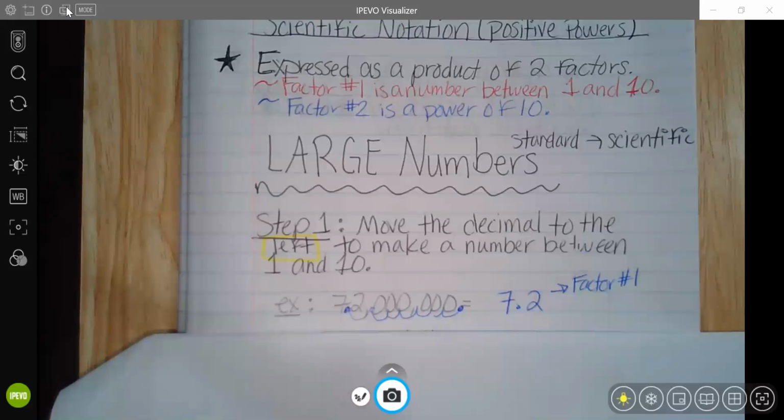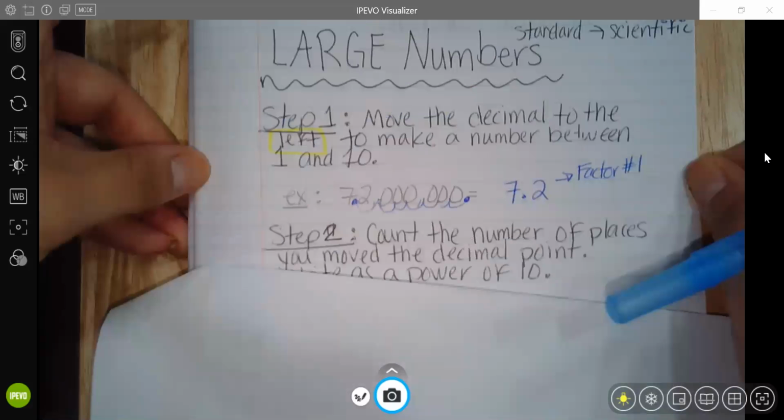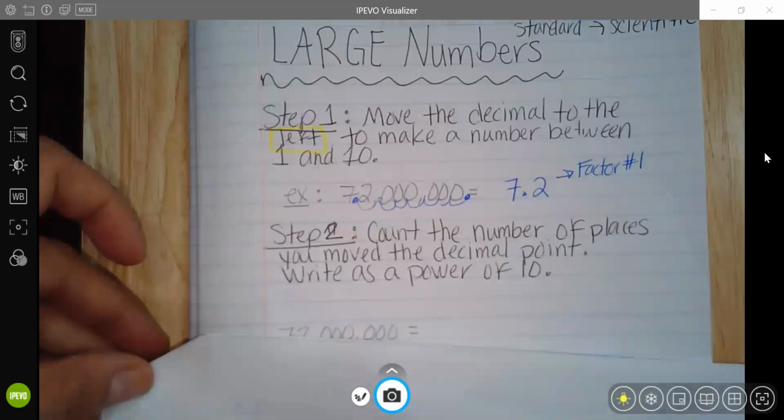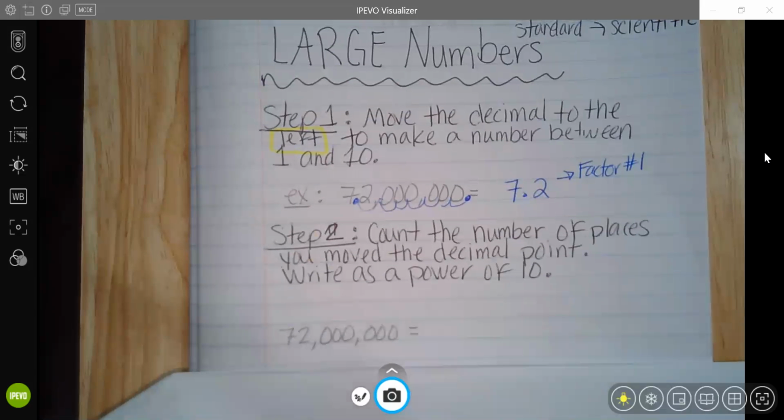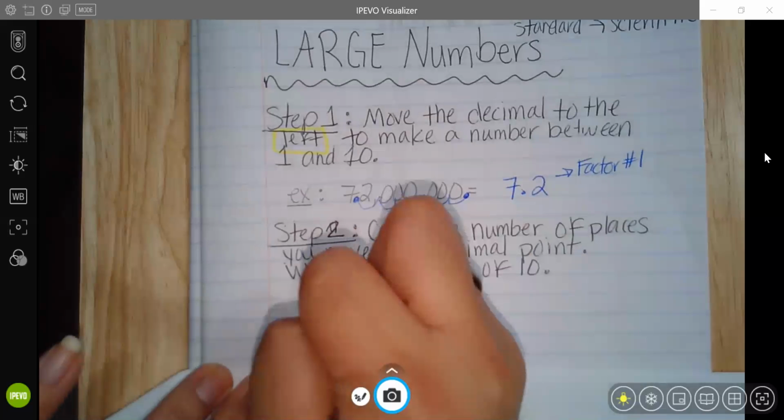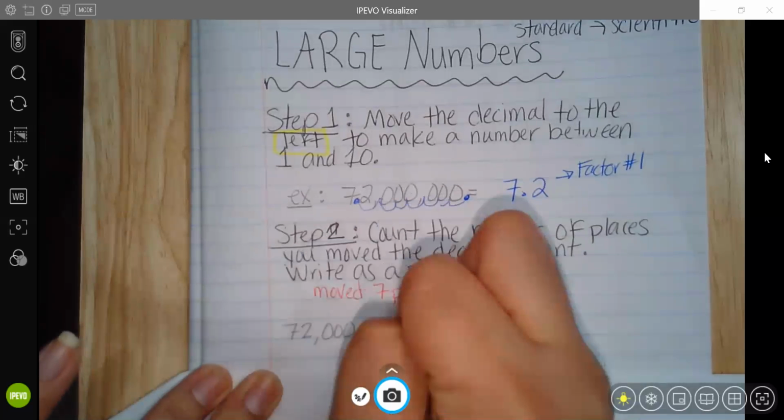No? All right, good. Now step 2: we're going to count how many places we moved that decimal, and then write it to the power of 10. Who can tell me how many places we moved the decimal? 7 times. Awesome, good job. So I'm gonna write here underneath that we moved 7 places to the left.